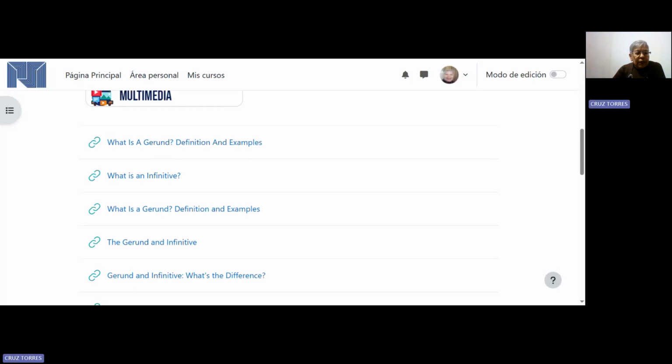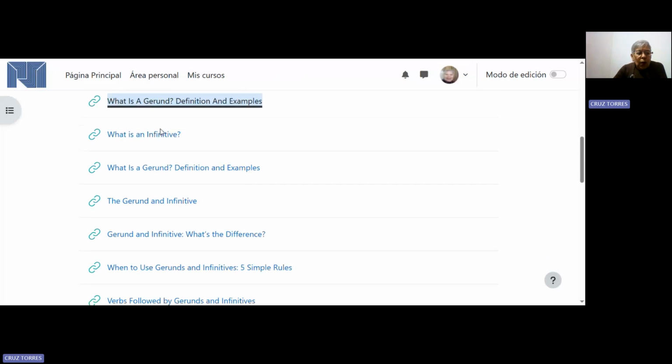If a verb ends in e, we drop the final e before adding ing, as in joking, talking, taking, and making. So you can see there are different ways to do it.